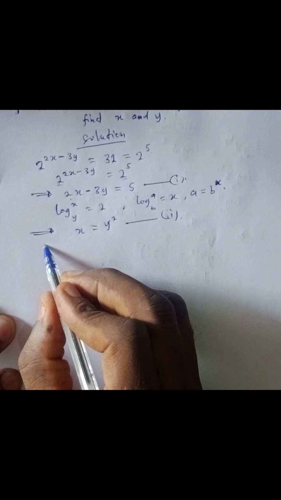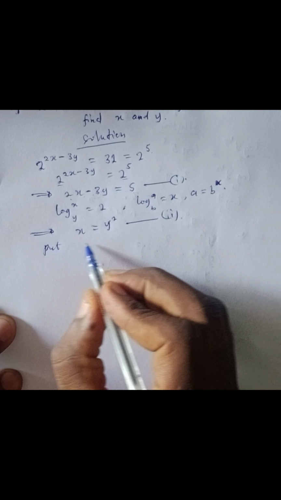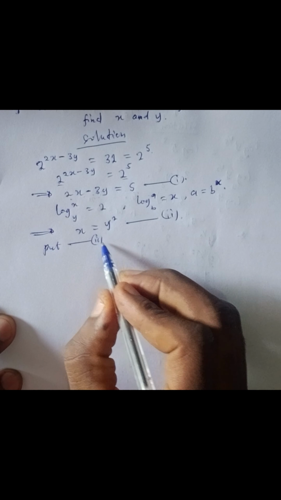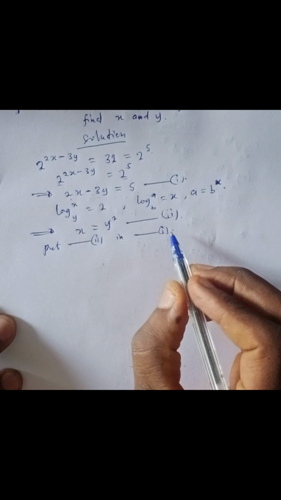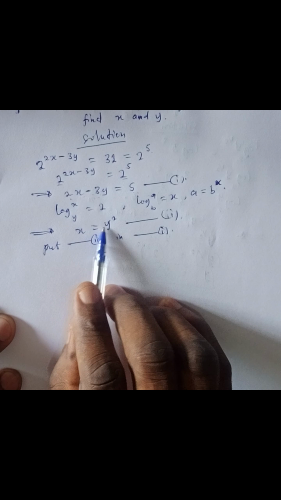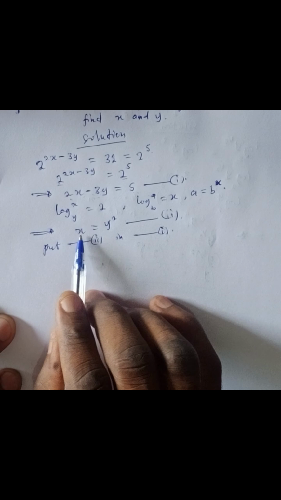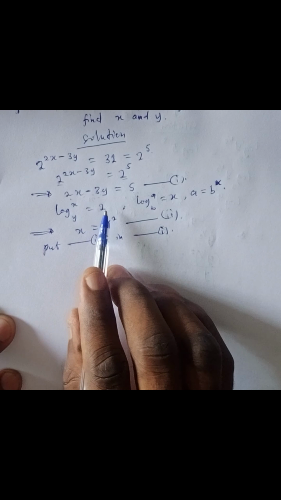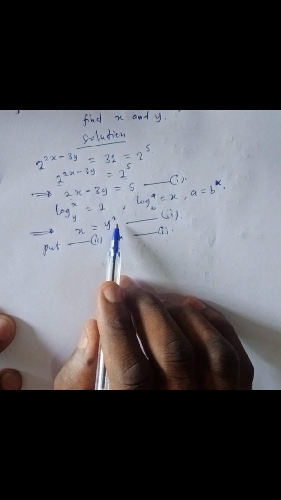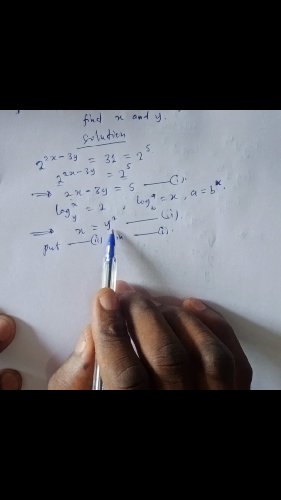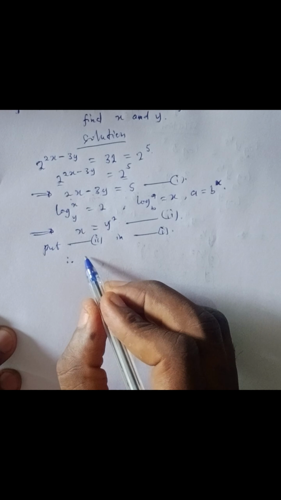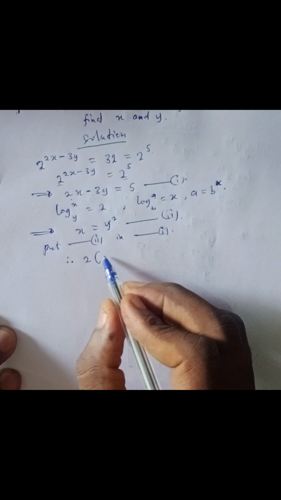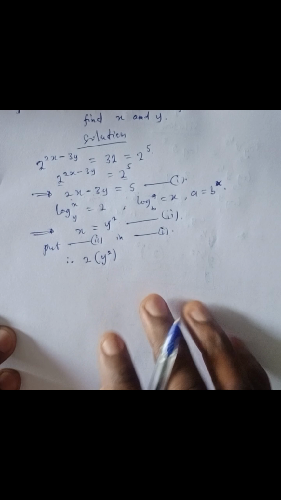Therefore we now say we're gonna put equation 2 in equation 1. Equation 2 says x equal to y squared. Whenever we see x in our equation 1, we are going to substitute it for y squared. Therefore, 2 open bracket, you now have your y squared here, right?